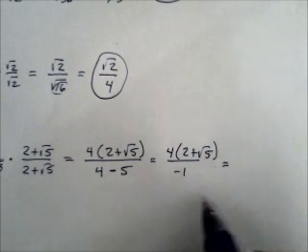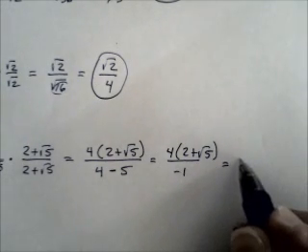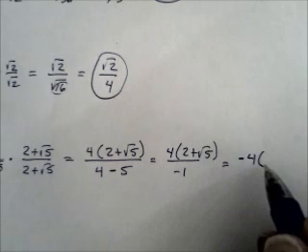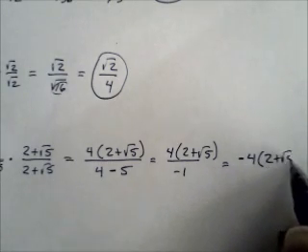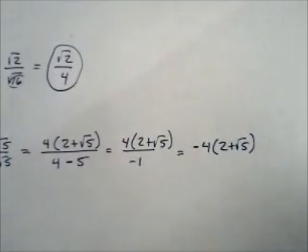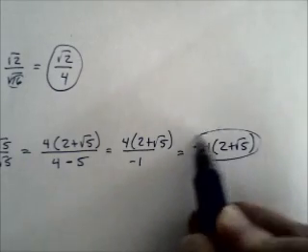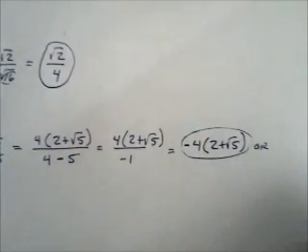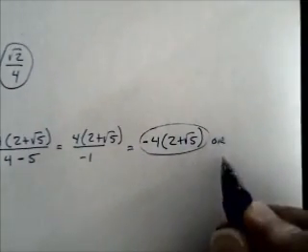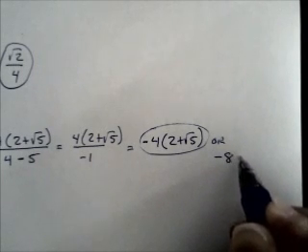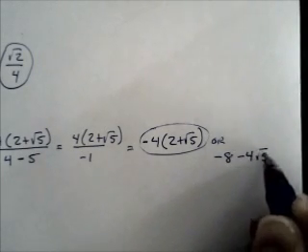And I'll just bring the negative up into the numerator. So we have negative 4 times 2 plus the square root of 5. This could be an answer, or you could distribute and give negative 8 minus 4 square root of 5.